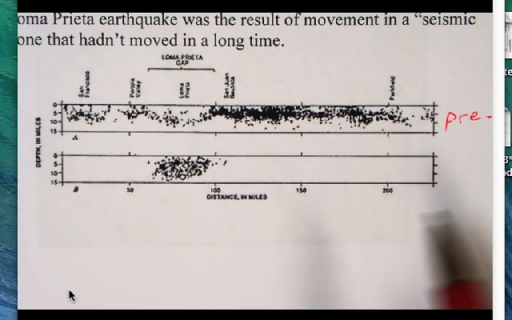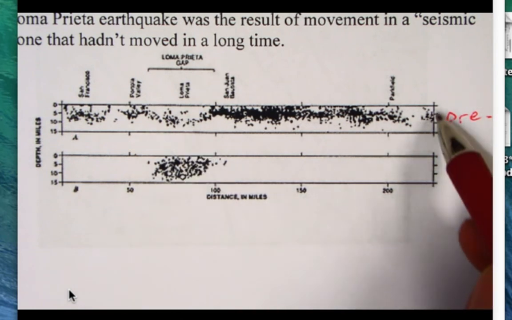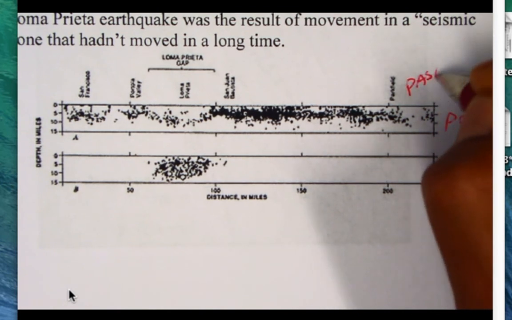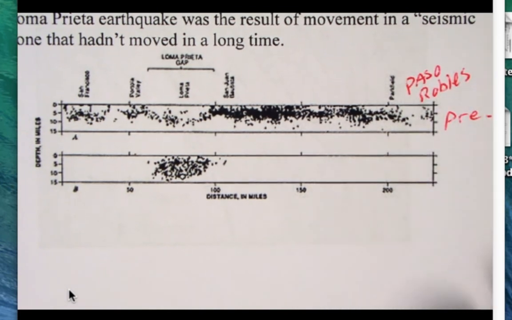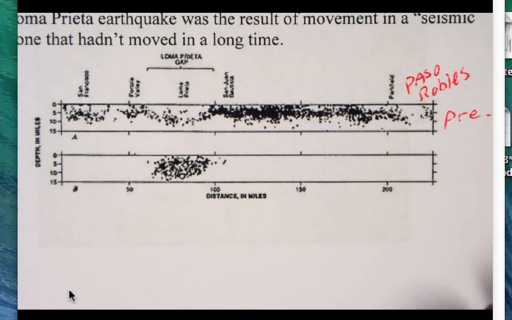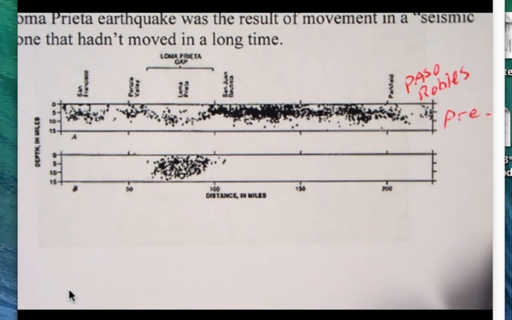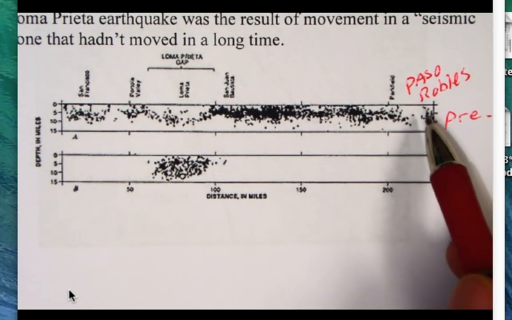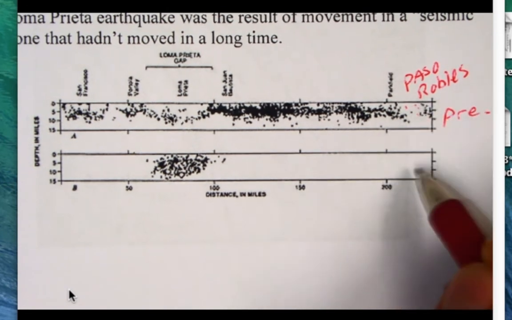Other things to notice is that there is a gap over here. This was the Paso Robles gap, the Robles gap, right? We know that in the 2000s or so, 2006 or so, there was an earthquake there, about a magnitude 5.4, 5.6, that now has partially filled in this gap.